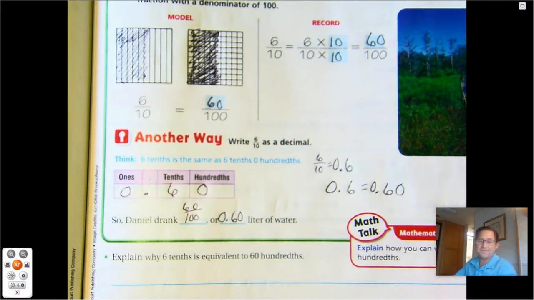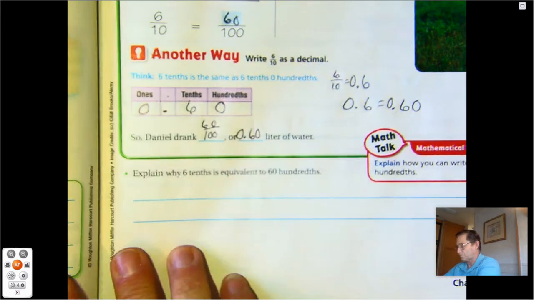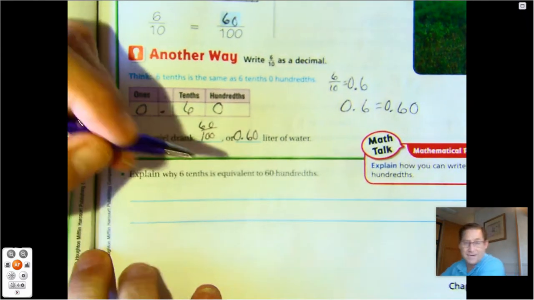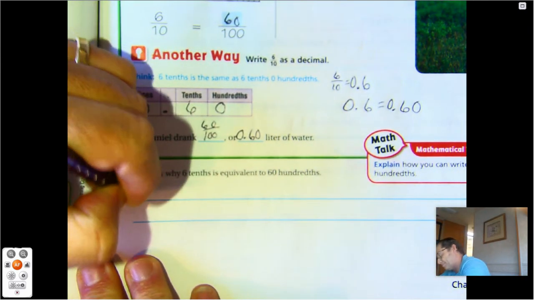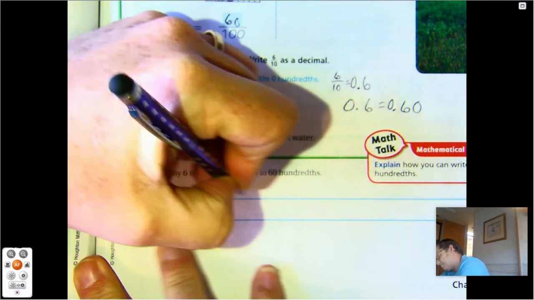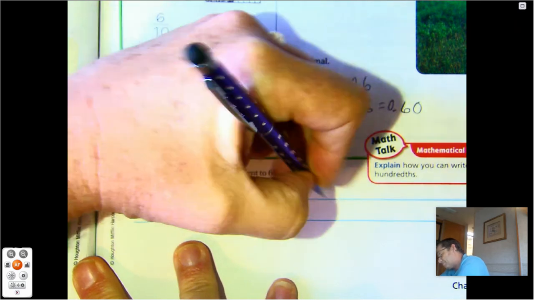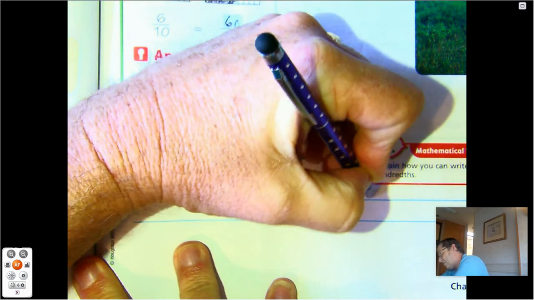Why is 6/10 equivalent to 60 hundredths? Because there are 10 hundredths in 1/10.